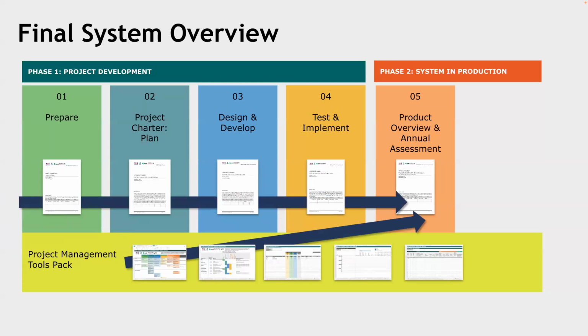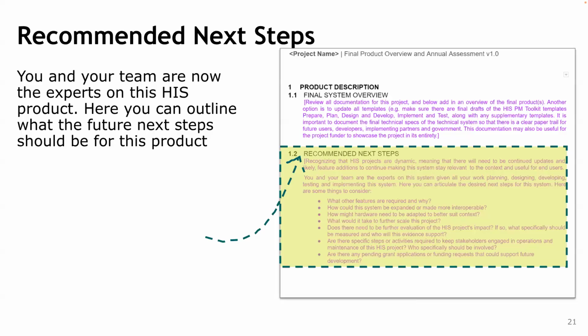So there you can see it flows through. It's described linearly here, going through the project development into the system in production, but it doesn't end there. It goes straight back into outlining what those next steps are.